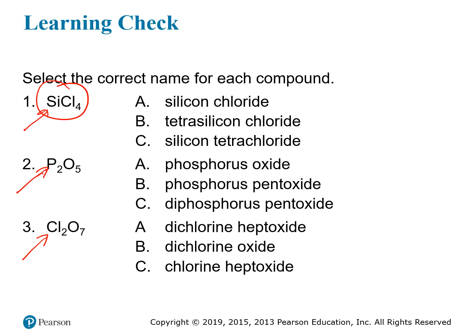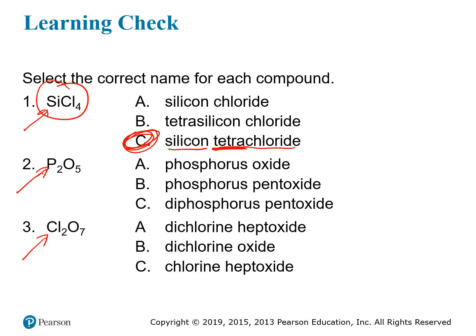There's only one silicon. The Cl is chlorine, and there are 4 of those. So the 4 after Cl means there are 4 chlorines. So chlorine becomes chloride, and since there are 4 of them, it should really be tetrachloride. So C is the correct answer here. Silicon tetrachloride. The tetra means that there are 4 chlorines.